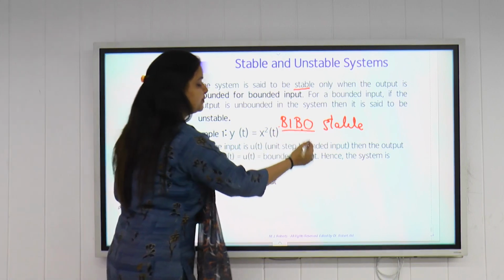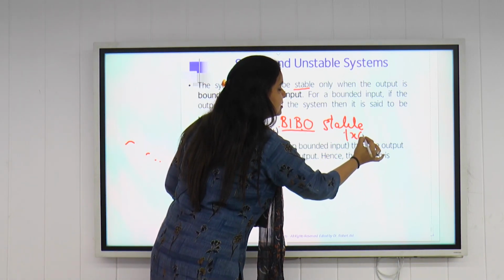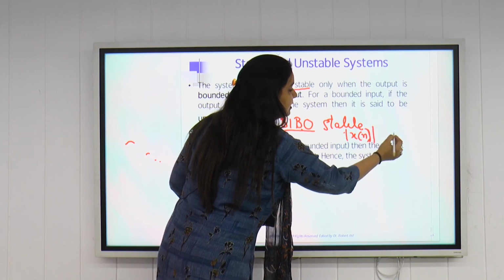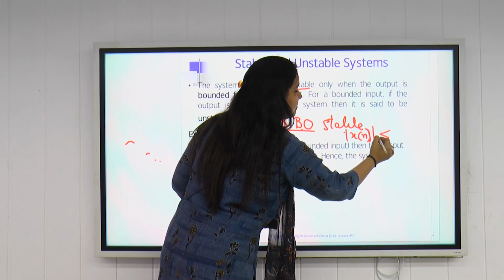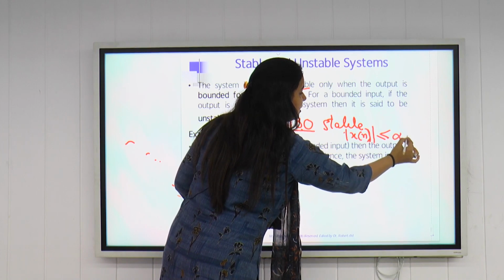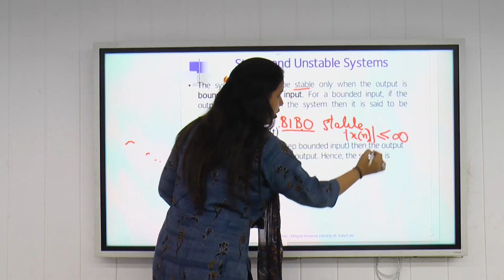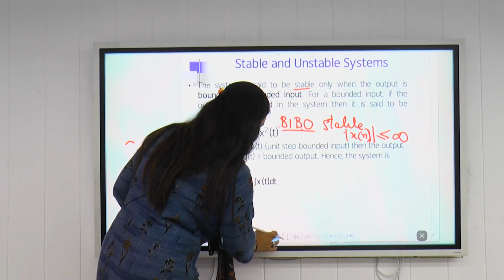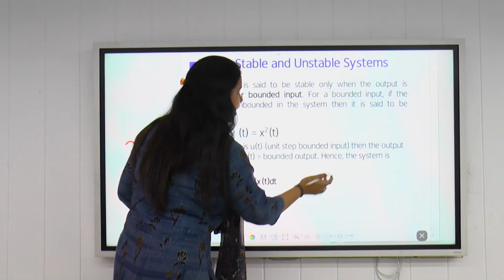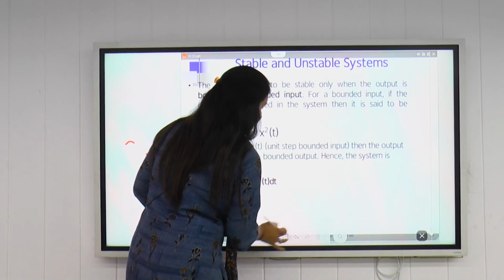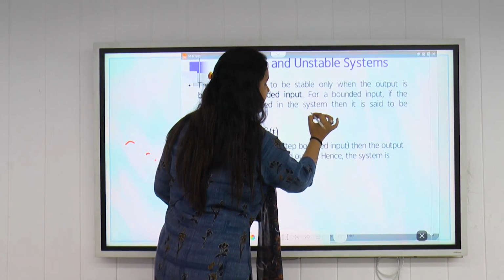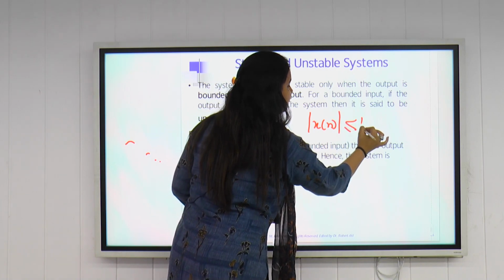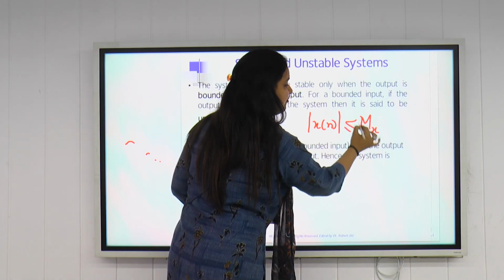A very important aspect here also: let the input signal be bounded with any value less than infinity, that is, a finite value.